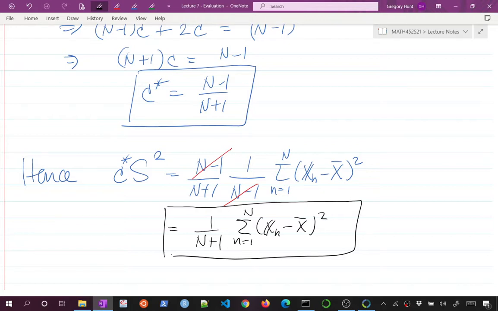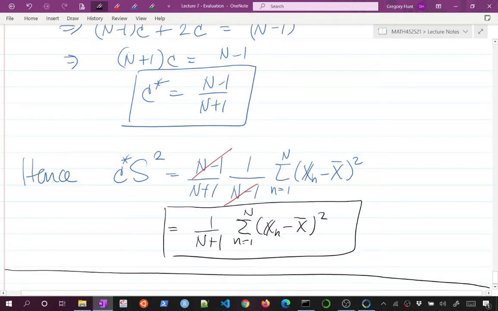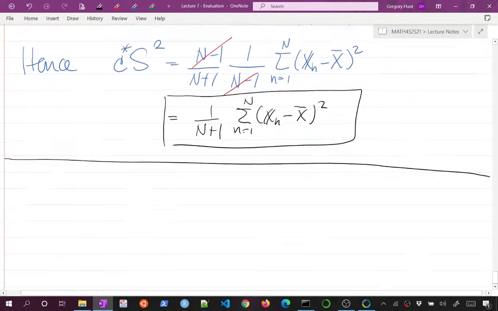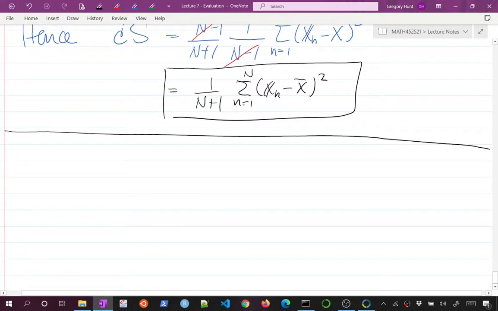Ultimately, when n is large, all these estimators are the same, but it's a cute little fact. If anyone ever gives you grief about using 1 over n minus 1 to estimate your variance, just tell them that, well, if I want to minimize my MSE and my data is really normal, I should use 1 over n plus 1. They'll probably stare at you because no one besides statisticians really cares about this stuff.